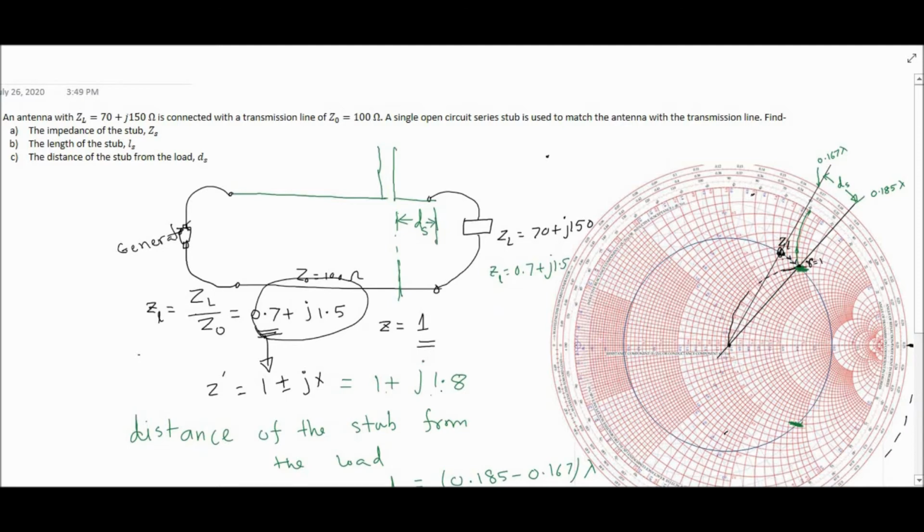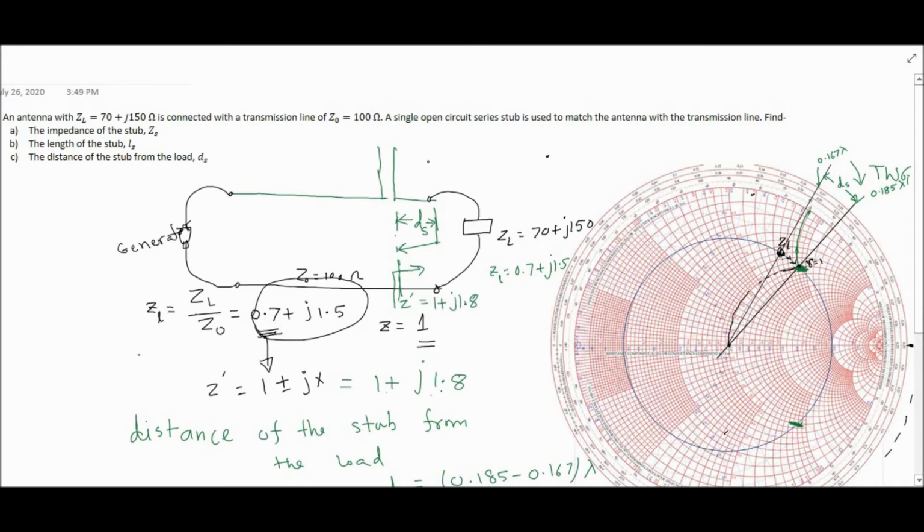Now I moved toward the generator. So this is toward the generator here. I moved toward the generator and got a new impedance. So the new impedance here, the Z prime, is 1 plus j1.8.